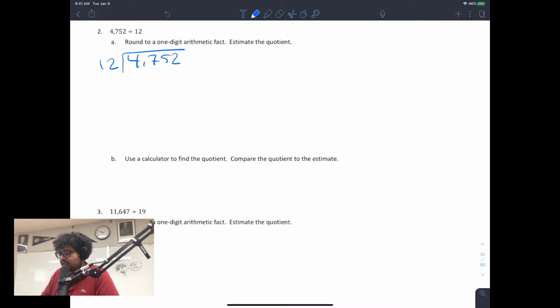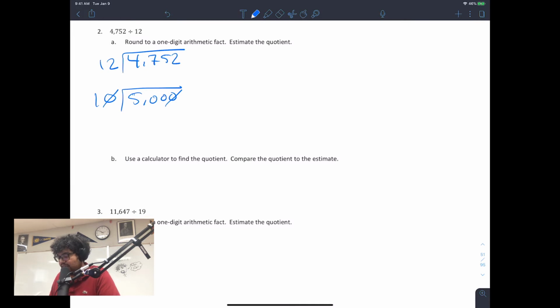So 4,752, I'm gonna go ahead and round up to 5,000. And then 12, I'm gonna go ahead and round down to 10. So that makes it easy. Once again, this 0 on the outside can be eliminated if I eliminate a 0 on the inside.